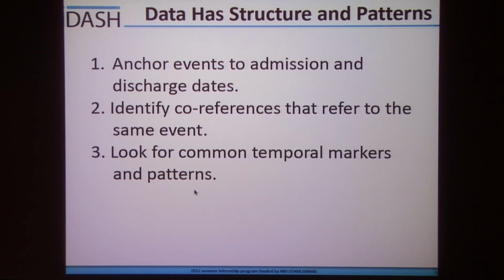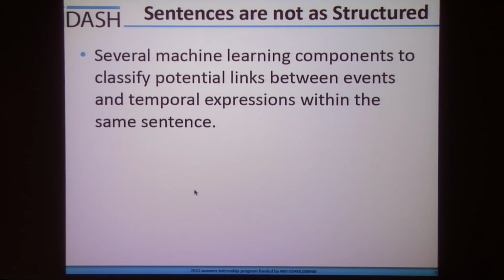And then a third that looks for common temporal markers and patterns, so X after Y, or patient continued on X for Y, things like that. And then we used several machine learning techniques to try to classify components within the same sentence. So we worked primarily with maximum entropy and naive Bayes.